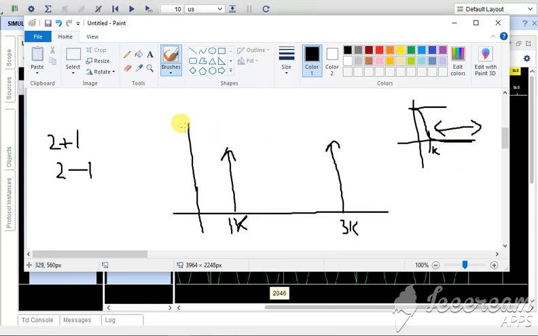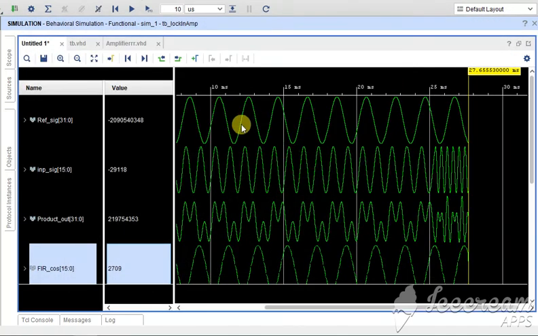When this product is applied to the FIR filter, the response will be like that. So this component will be at the output and this component will be attenuated. We can see that when we multiply these two signals, this is our product, this component is attenuated and only this component is retained. This is our working procedure.